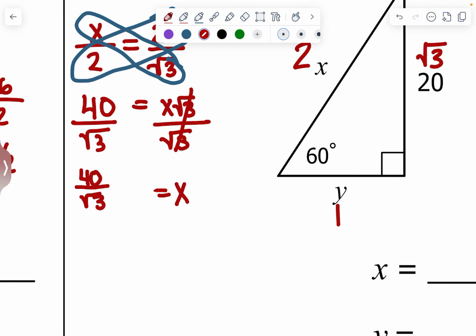But I'm not allowed to keep it that way because we cannot have a radical in the denominator. We cannot have a square root in the bottom of a fraction, because if we do, we'll go to math jail. So we have to rationalize.